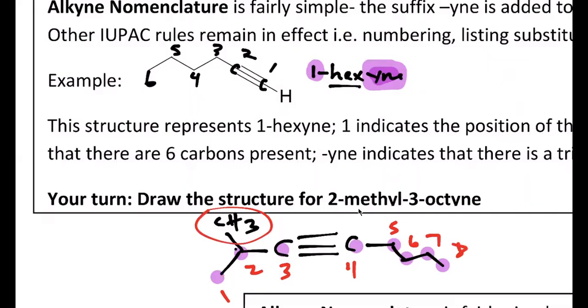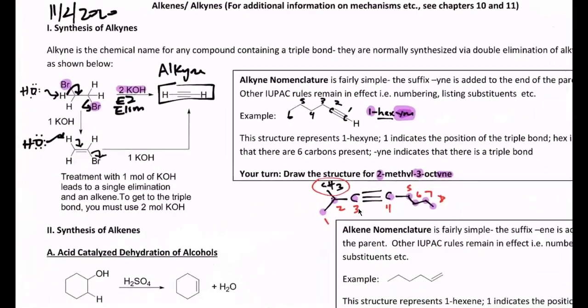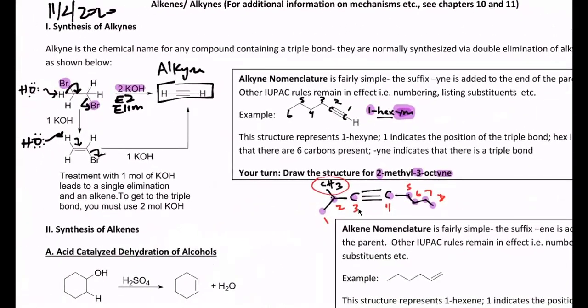That rule stays the same as it was for alkenes, in that you give the alkyne the lowest number possible. So the 3 tells you the location of the alkyne, the 2 tells you the location of the methyl group, and then the suffix -yne tells you that it's a triple bond, and the oct tells you that it's 8 carbons. All right, any questions about that part?